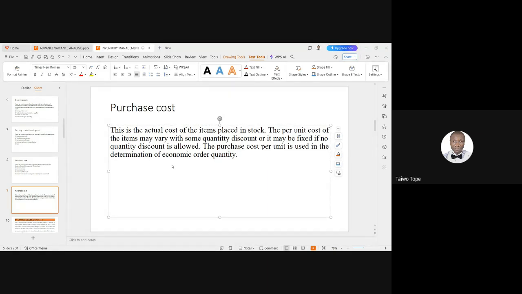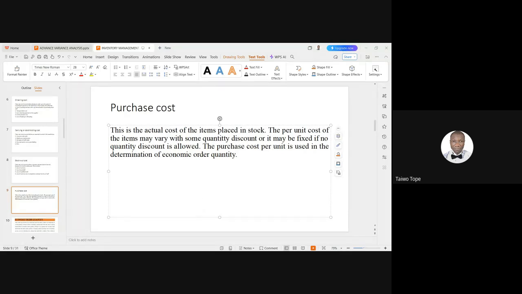So this economic order quantity, within a year, is the optimal quantity of order each time so that the total inventory cost is minimized. And what is the total inventory cost? The ordering cost and your holding cost.